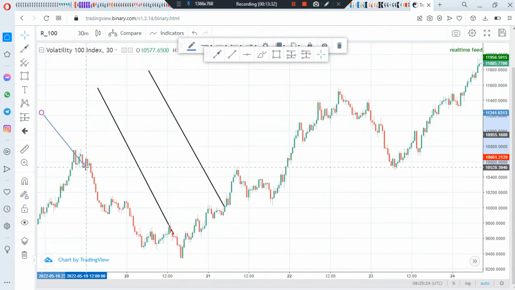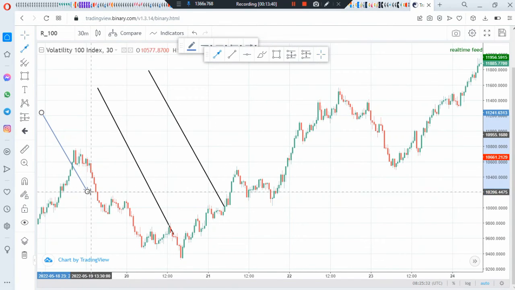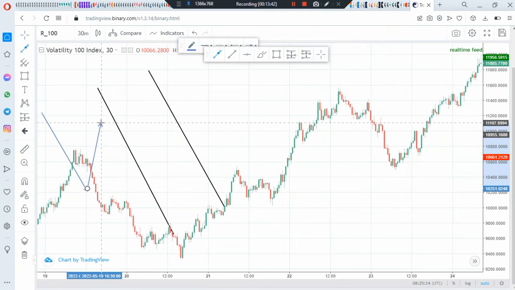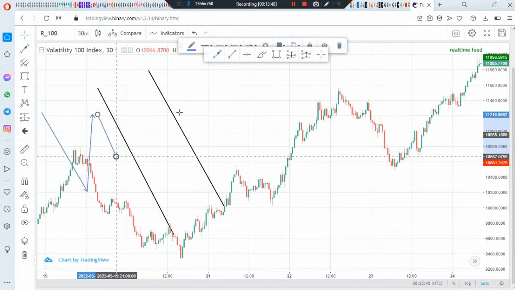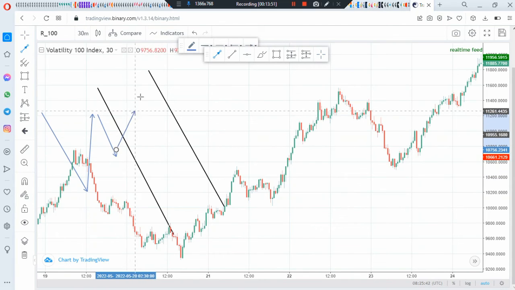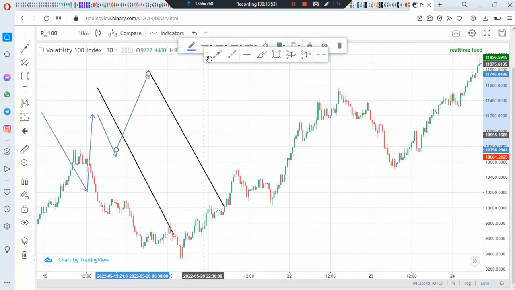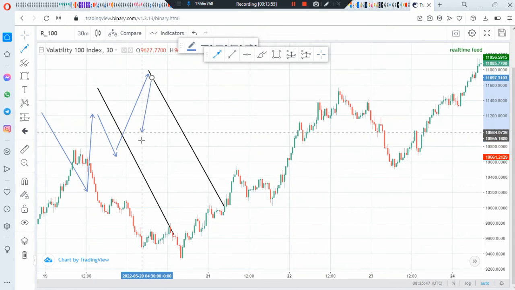So a trend comes from here. Let me extend it a little bit to here, then it went up, maybe a little bit down, up. This is when you finally see the trend and start drawing your trend lines.